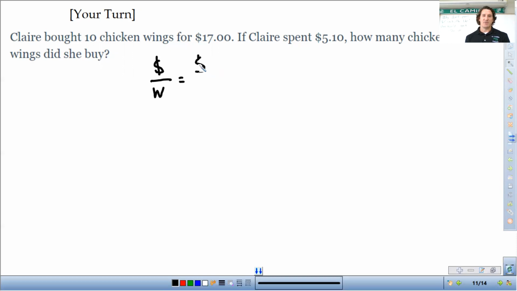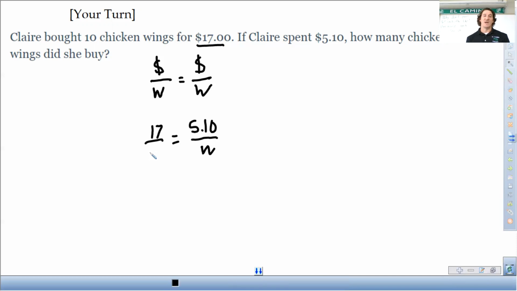So my proportion is going to be money over wings. So $17 for 10 wings, so it's going to be 17 over 10. I don't actually need to put in the .00. And then this is going to be $5.10, and we don't know how many wings she bought.